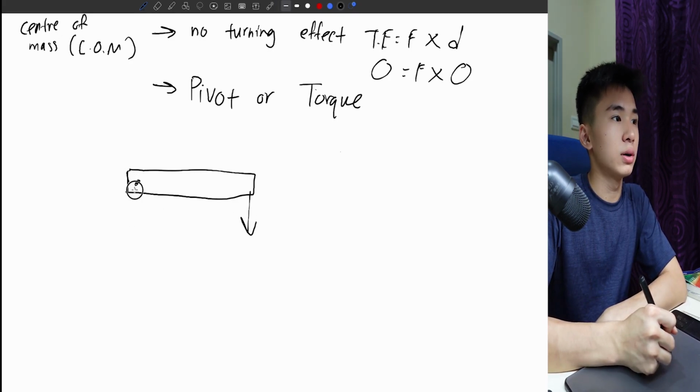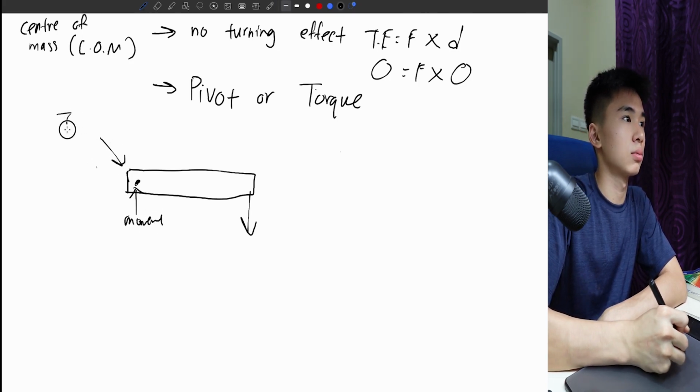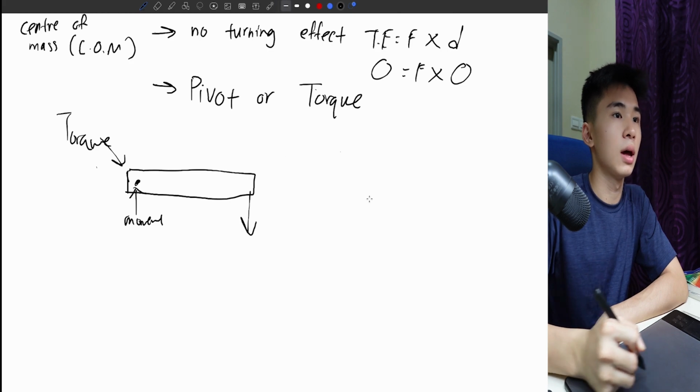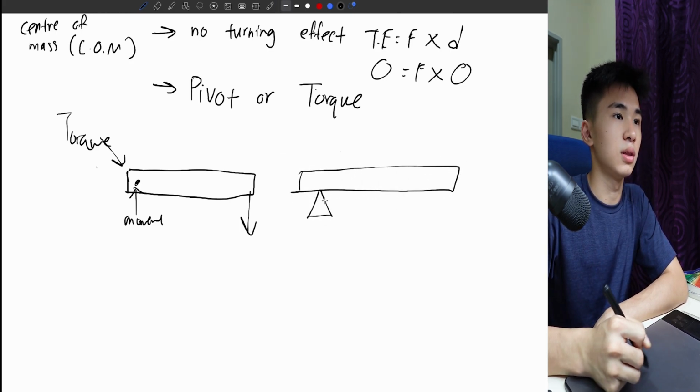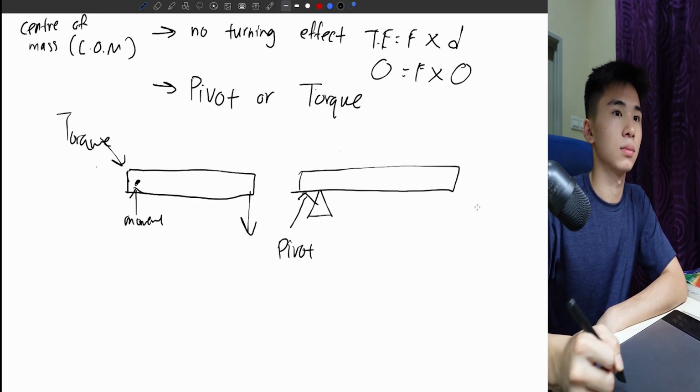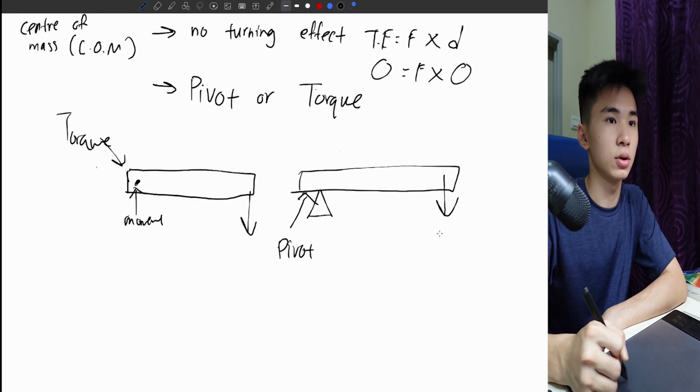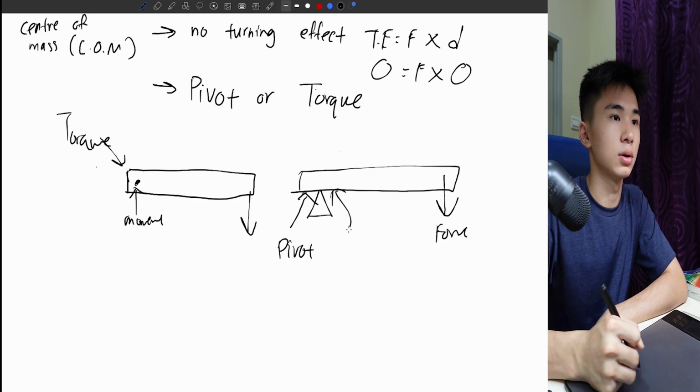The movement will occur here, but this is a torque. And this is the pivot. If you apply a force here, the moment will occur here.